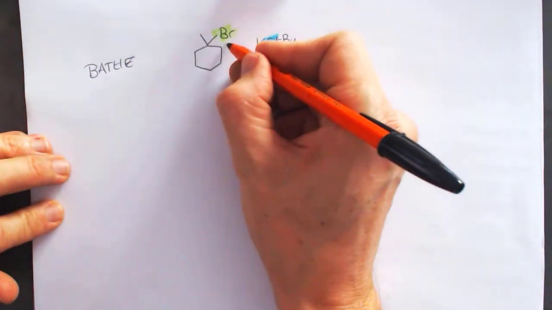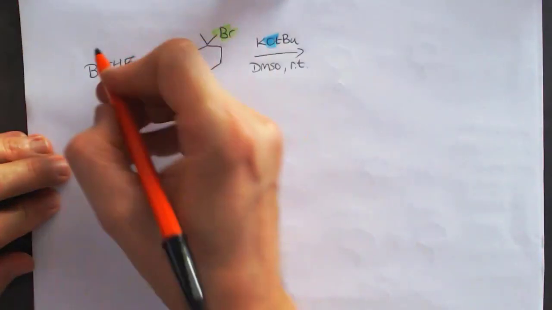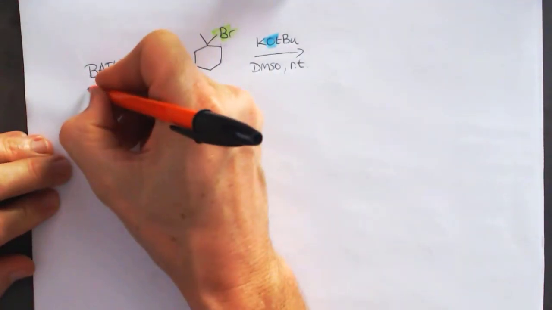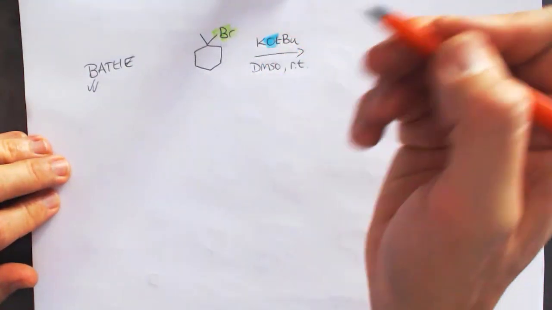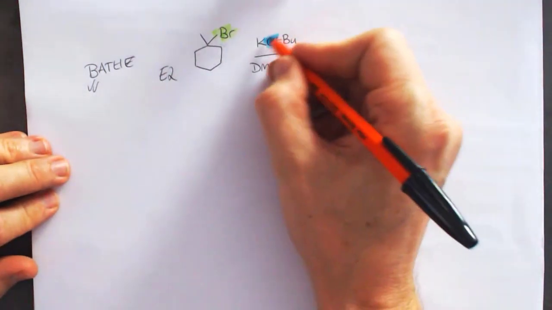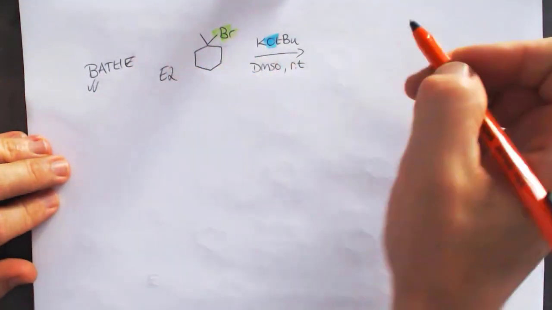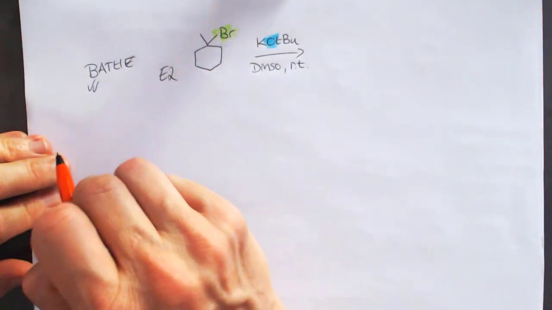We've got beta hydrogens next door on that side and that side. And we've got a very strong bulky base, which is really the absolute cliche for an E2 reaction. So even at this point, we can say this is going to be an E2 reaction.